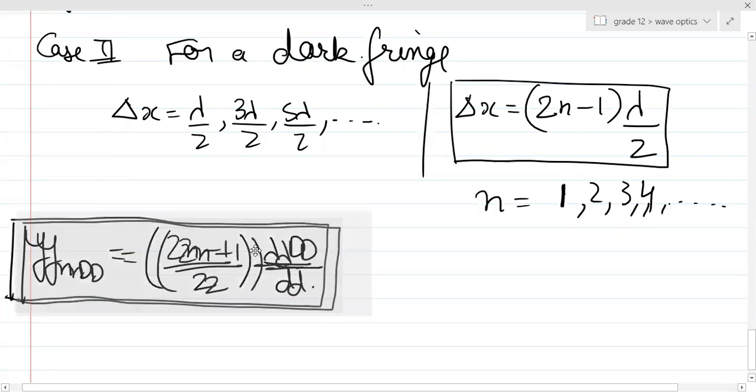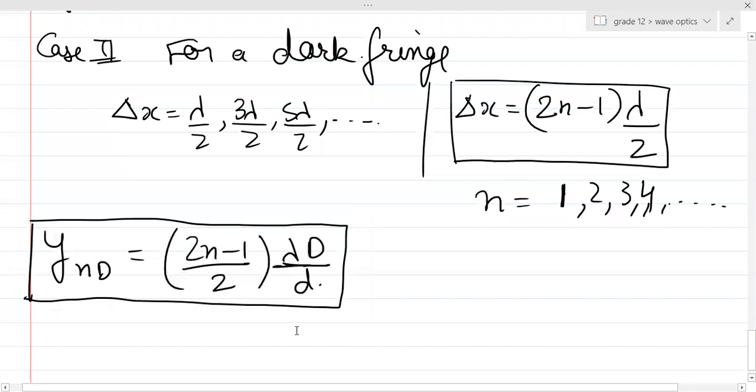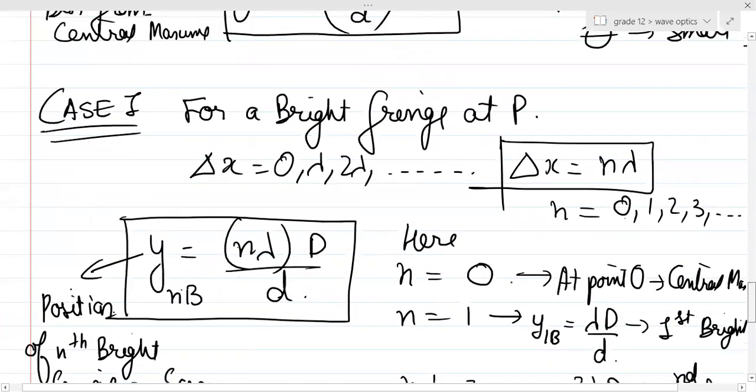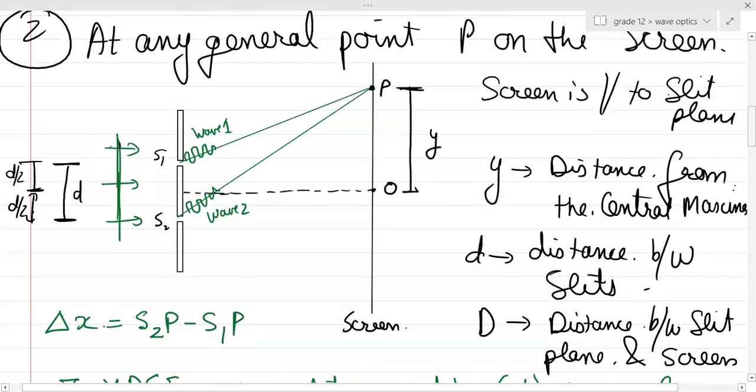Here you will not put n equals to 0, because n equals to 0 is put where? In the central bright. Is there any central dark in this case? Can there be a dark at the center?